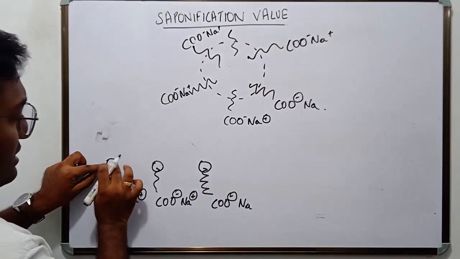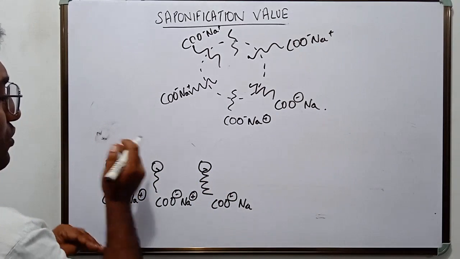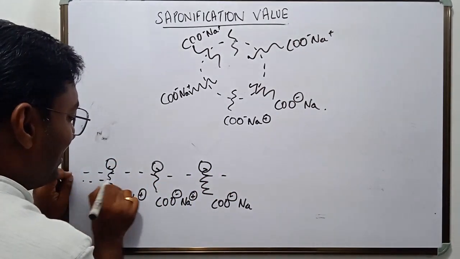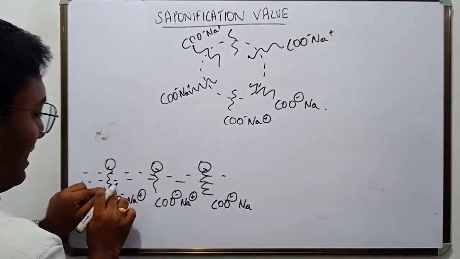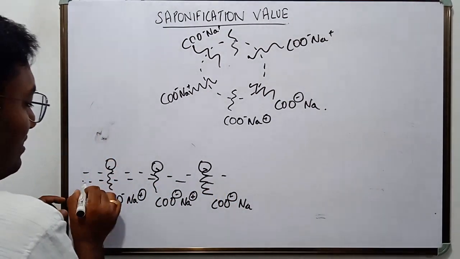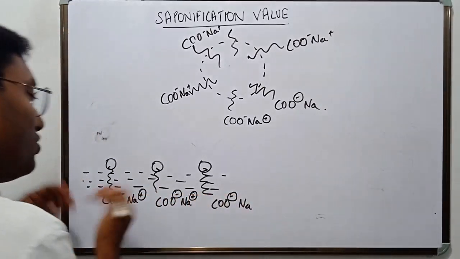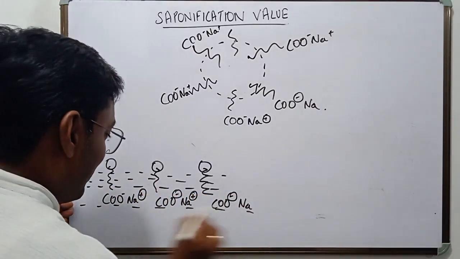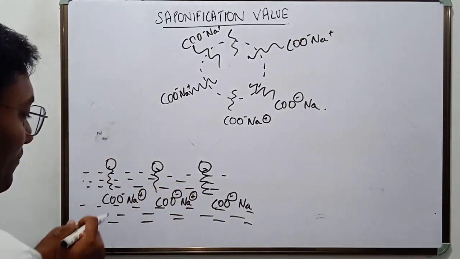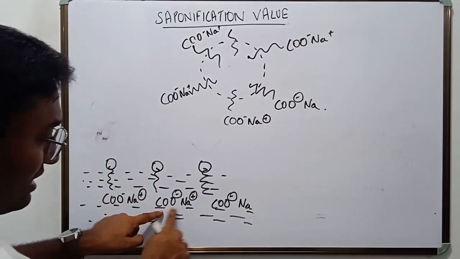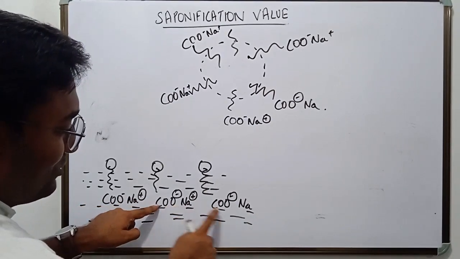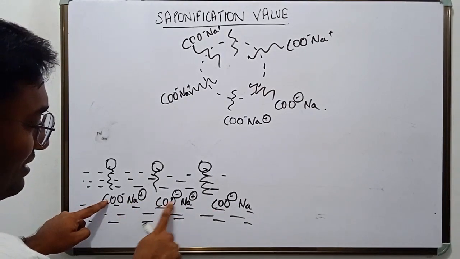Now, as oil globules are hydrophobic, they would try to remain above water. The non-polar tails would also partially remain above water, while the polar heads will remain in water. They are solvated in water, so they will remain in the water.